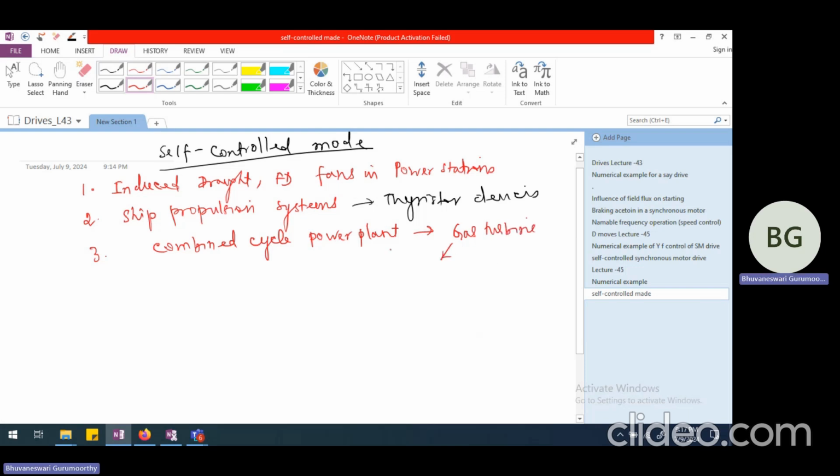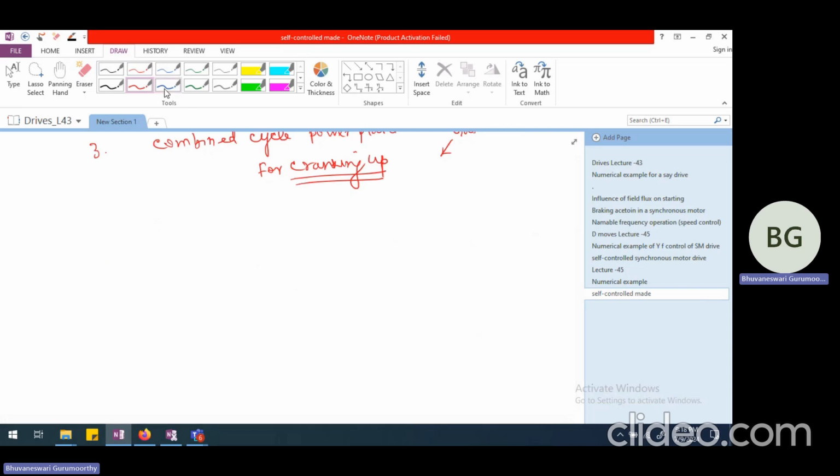For cranking up this gas turbine, generally this kind of self-controlled synchronous motor drive is used.